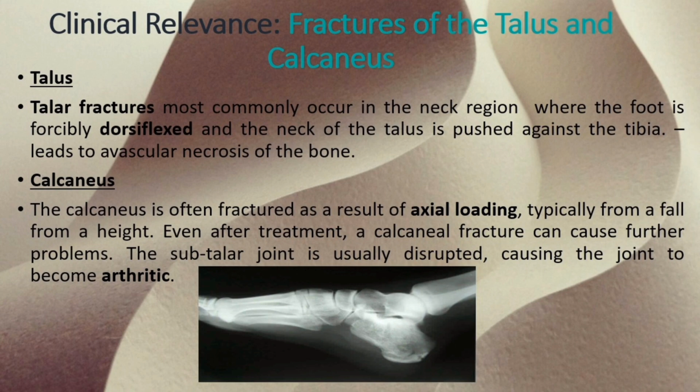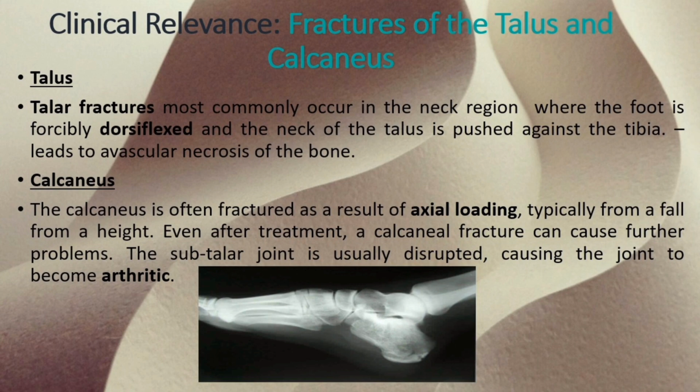Fractures of the talar head are the least common. Talar neck fractures are typically high-energy injuries where the foot is forcibly dorsiflexed and the neck of the talus is pushed against the tibia. In this type of fracture, the blood supply to the talus may be disturbed, leading to avascular necrosis of the bone.